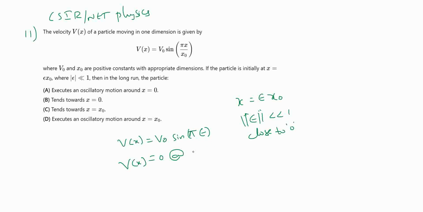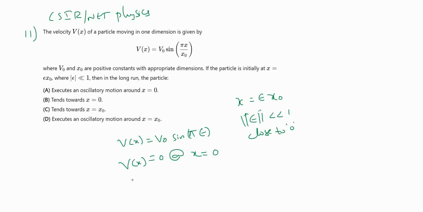at x equal to x naught, because epsilon naught is x by x naught, which is very small. So v of x equals 0 at x equal to 0, because epsilon naught is very small, times x naught will be 0.